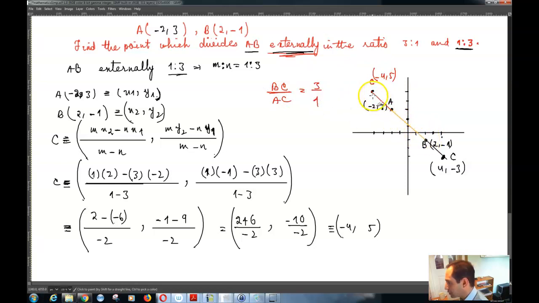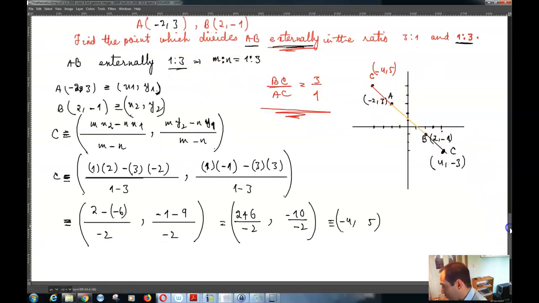So that means that the distance from B to C is 3 times the distance from A to C, and that's basically what this means. So it's a very simple situation, whether it's external or internal.